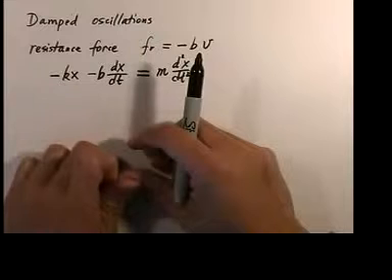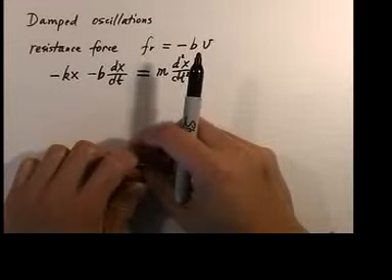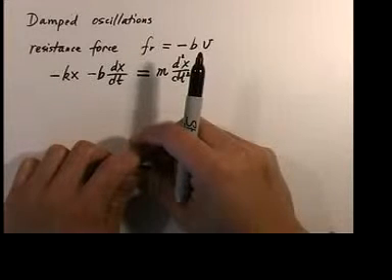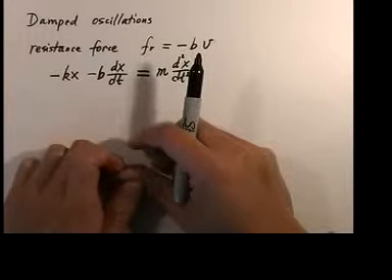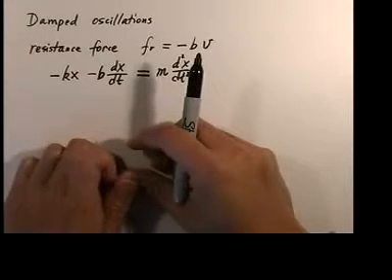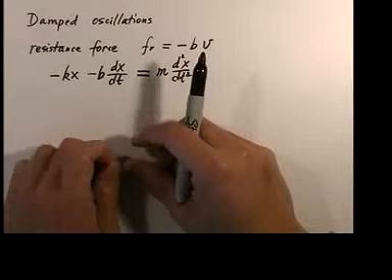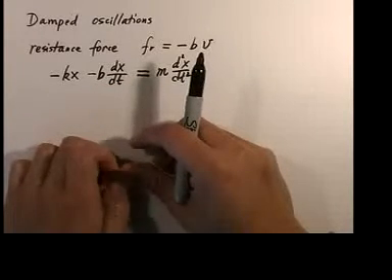Therefore, you're going to lose mechanical energy overall, and we know the mechanical energy of a simple harmonic oscillator at a certain moment when its amplitude is A is always 1/2 kA squared, right? And as the mechanical energy is lowered over time by this resistance force, we know the amplitude has to decrease as well.